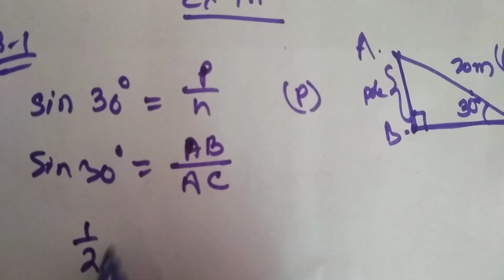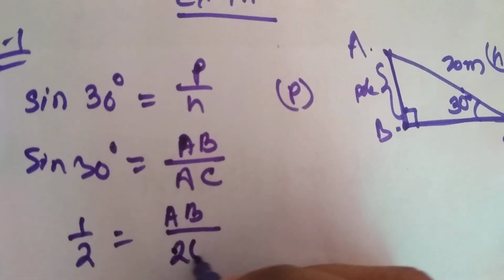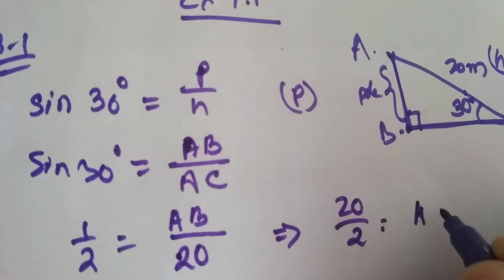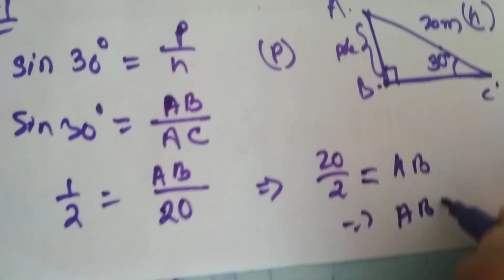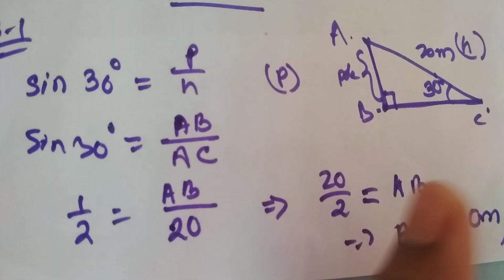Sin 30 is half. We need to find AB, and AC we have as 20. So 20 by 2 equals AB, which implies AB equals 10 meters. Very easy concept.